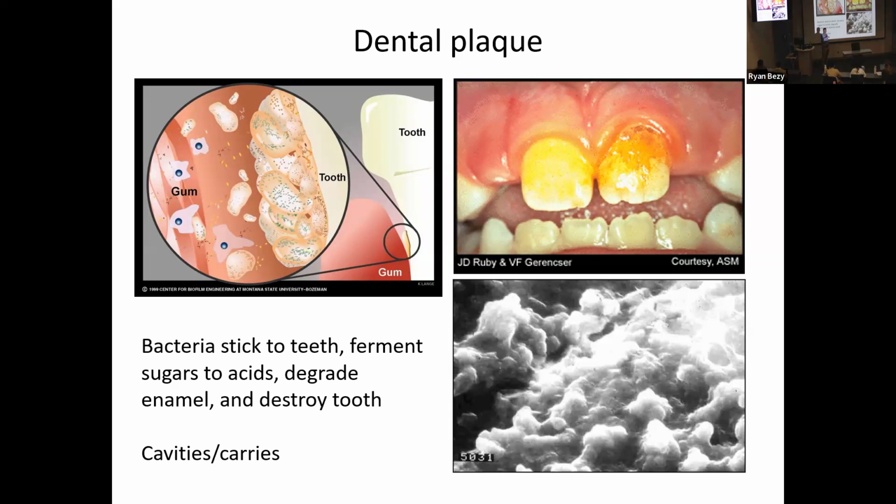They like to eat the sugars. They like to do fermentation. As they do fermentation, they make acids. The acids will then etch and eat away at the enamel of your teeth, creating holes. That can then lead to infections of the tooth that are cavities or caries. So you get cavities or caries because of the bacteria growing in your mouth doing fermentation.